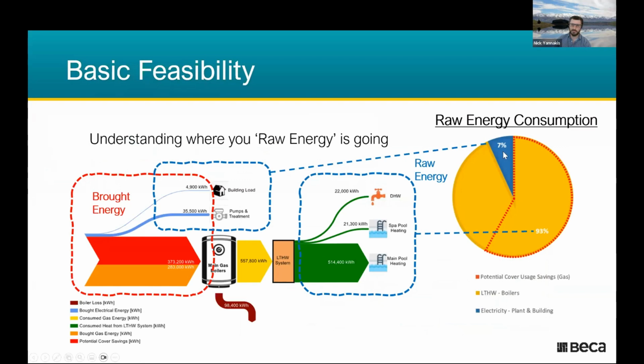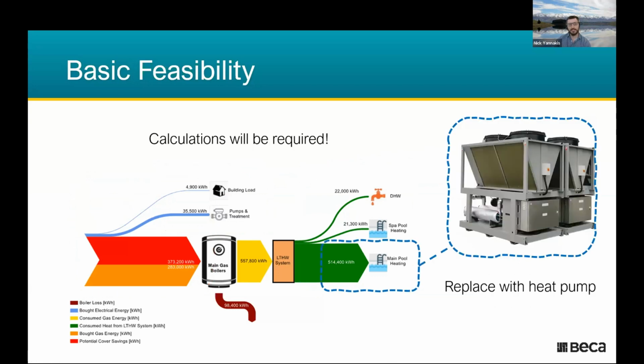This is what an engineer wants to see and understand, because that's how you produce and deal with that. So a basic feasibility study will be looking at where your energy is going, and where that raw energy is, and then you can assess that. To calculate how much raw energy there is, you'll need some calculations. So when you start looking at a basic feasibility, you need to calculate.